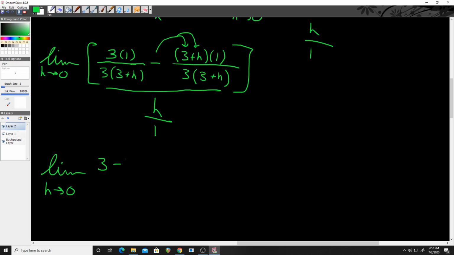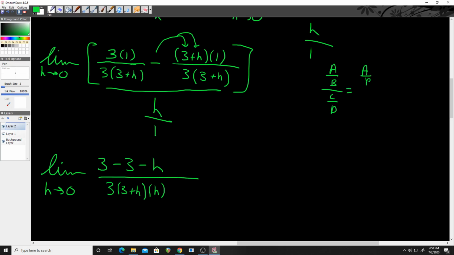So minus 3 minus h over, and now I'm going to play the complex fraction game, okay, because we're going to have 3 times 3 plus h, and then times h again, okay? And again, the reason for that is because we have basically a over b over c over d, and I'm just using the old complex fraction business.